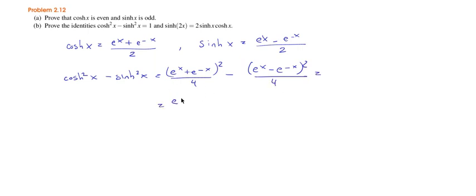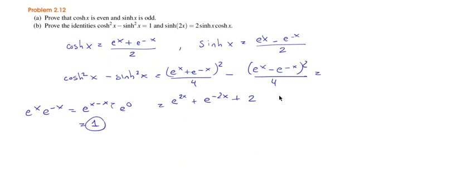So this is e to the 2x plus e to the minus 2x, and then plus 2 times e to the x times e to the minus x. But as you can see, e to the x times e to the minus x, because of the properties of the exponential, is e to the x minus x, or in other words e to the 0, which is 1.